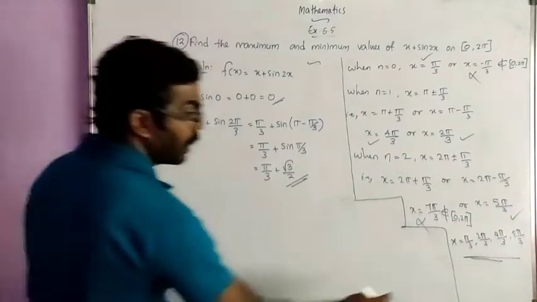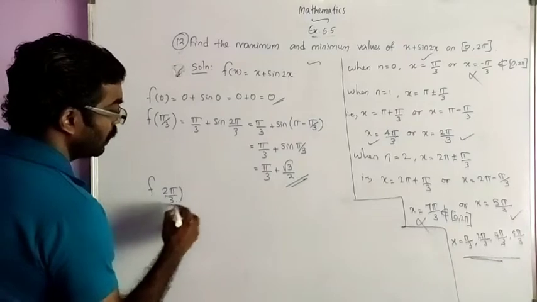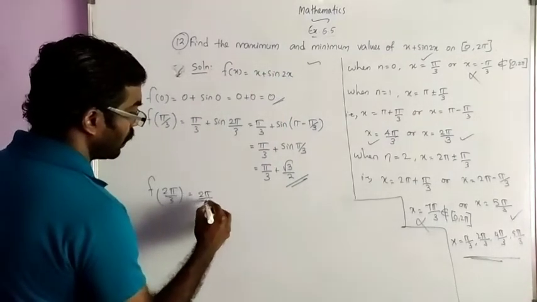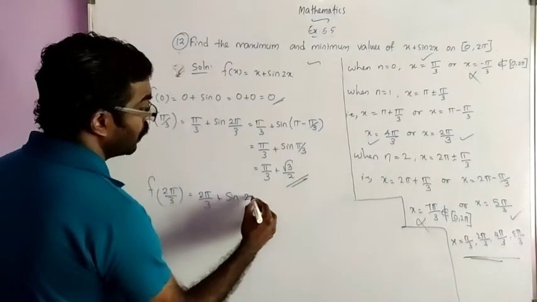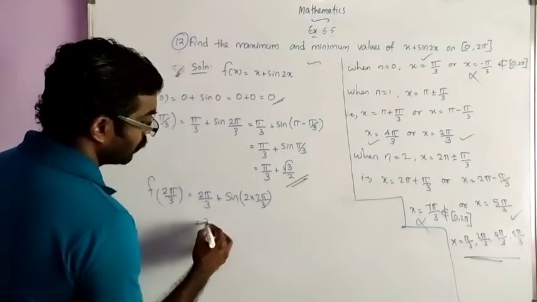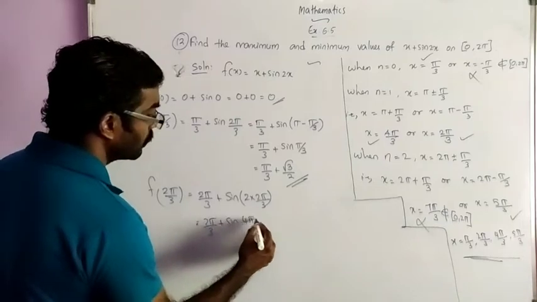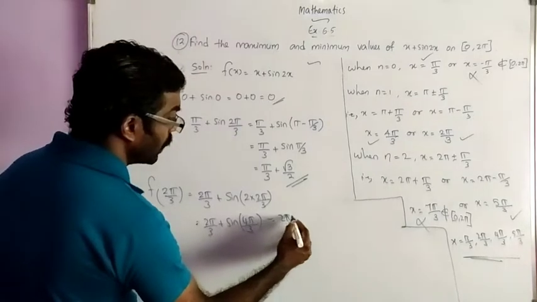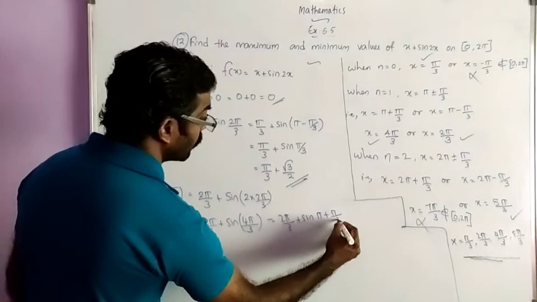Now take the next point 2 pi by 3. So f of 2 pi by 3 is equal to x plus sine 2x, that is 2 pi by 3 plus sine 2x, sine of 2 into 2 pi by 3, that is 2 pi by 3 plus sine 4 pi by 3. Which is equal to 2 pi by 3 plus sine pi plus pi by 3.